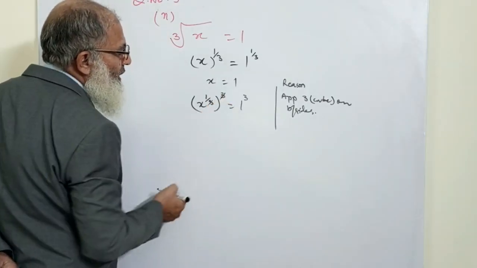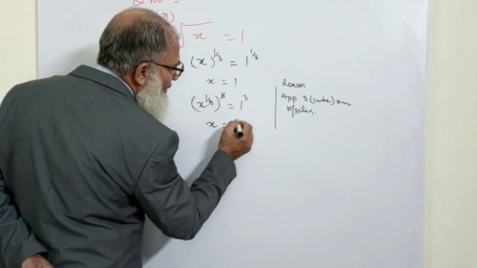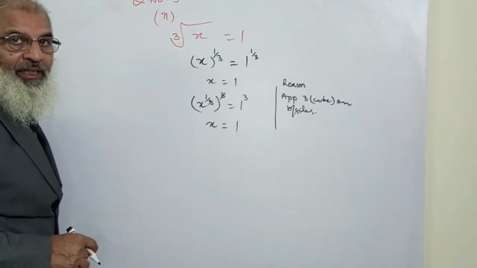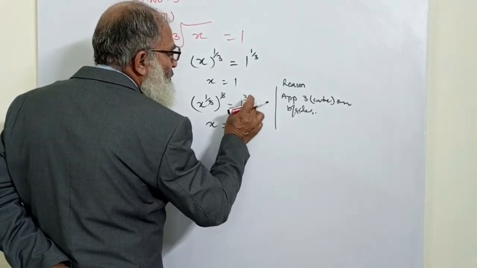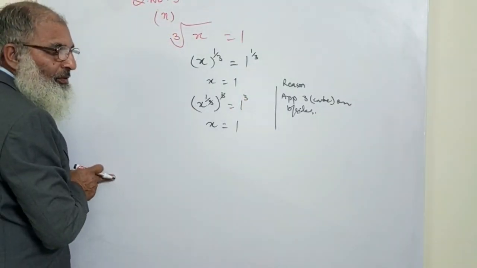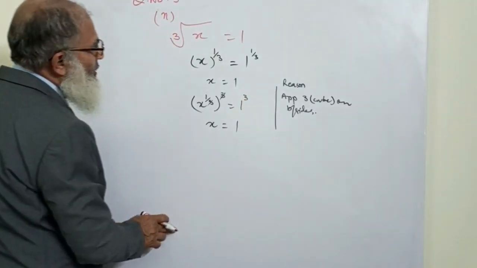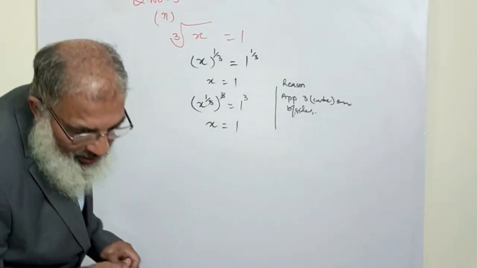Now this goes off with this. Now x remained with 1, because anything raised to power 1 is 1. So this was also a very simple question.